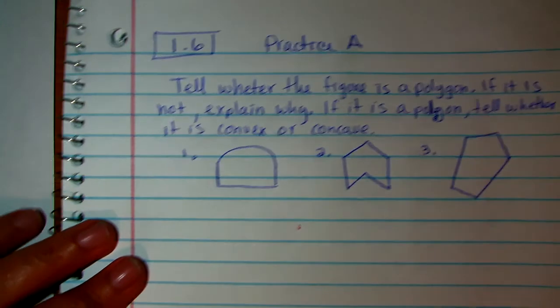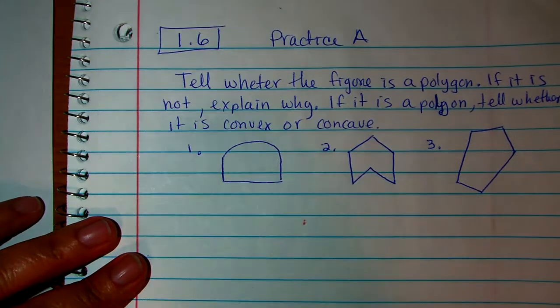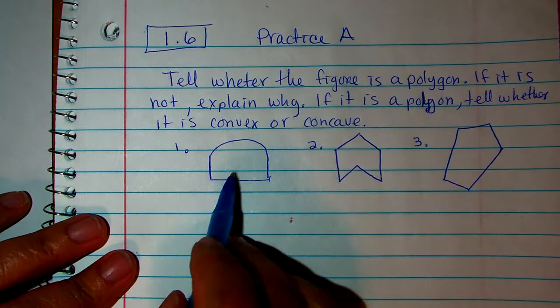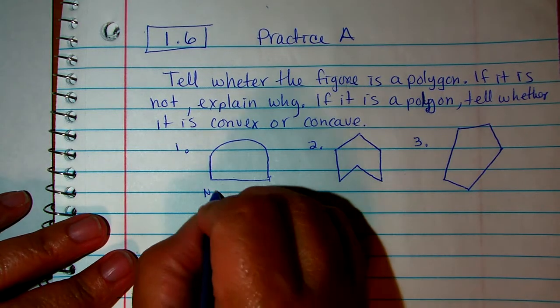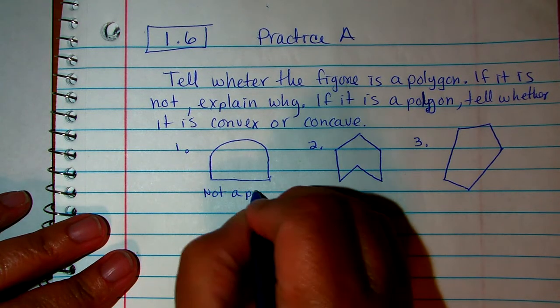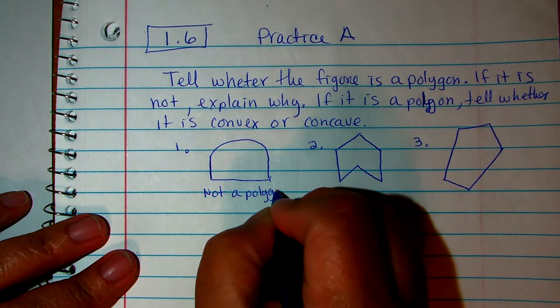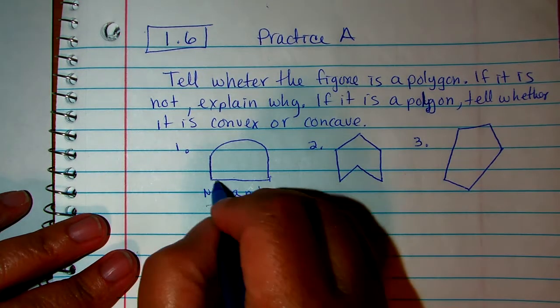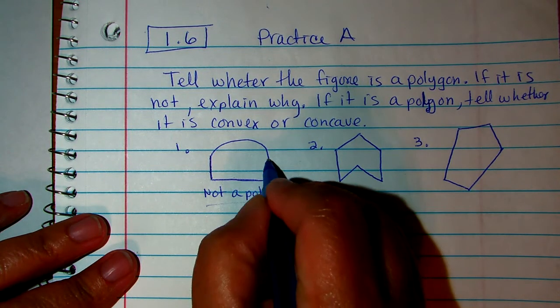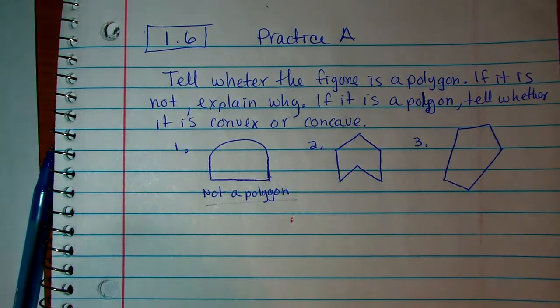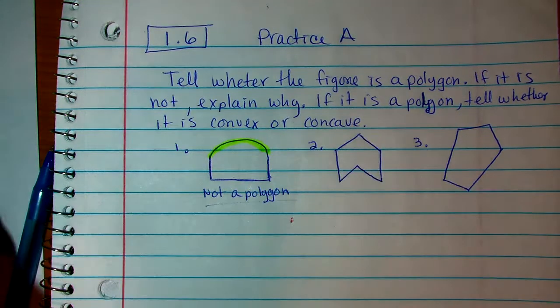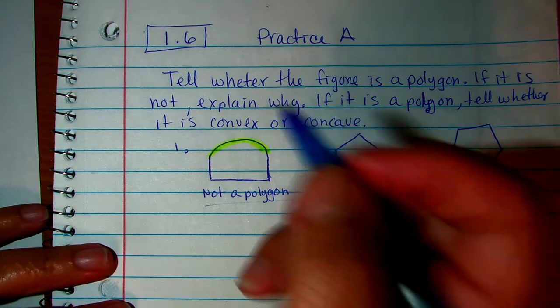Okay. Just by looking at them and based on the examples that we already did, this one is not a polygon. We already worked on an example like this. This is not a polygon because a polygon is made of line segments, and this right here is not a line segment. It's a curve.